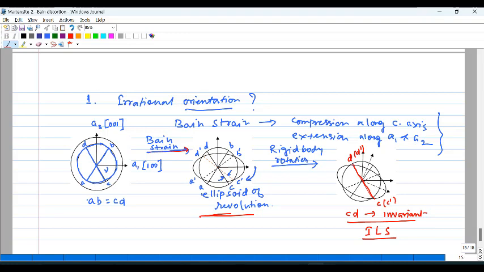And you can see that this combination of Bain strain and a rigid body rotation is actually coming up with that. So this will generate the correct crystal structure for martensite. And through this we can also answer the question as to why the orientation relationships are irrational.